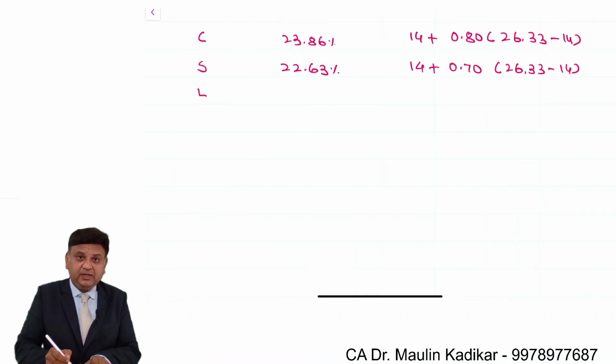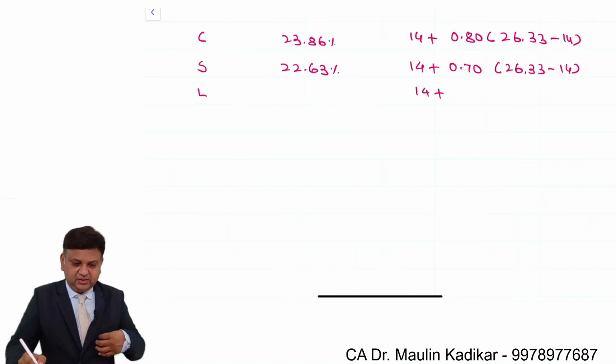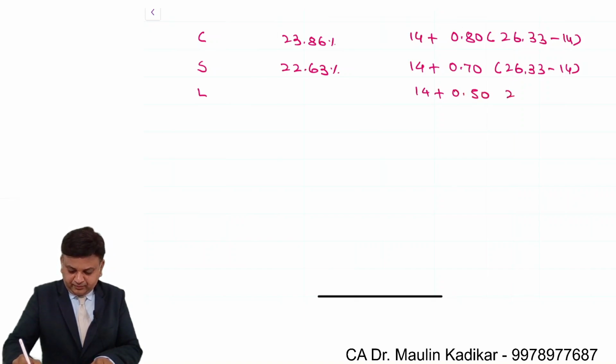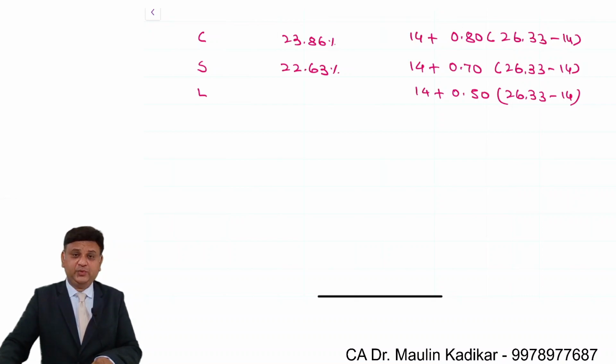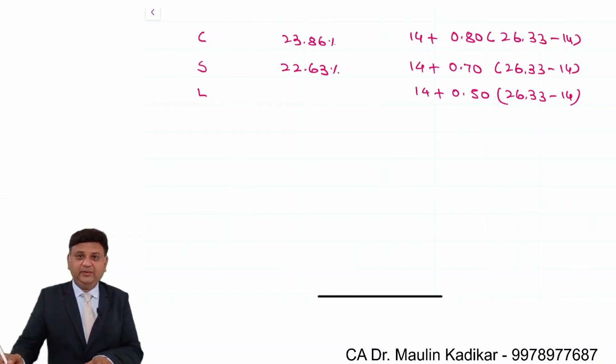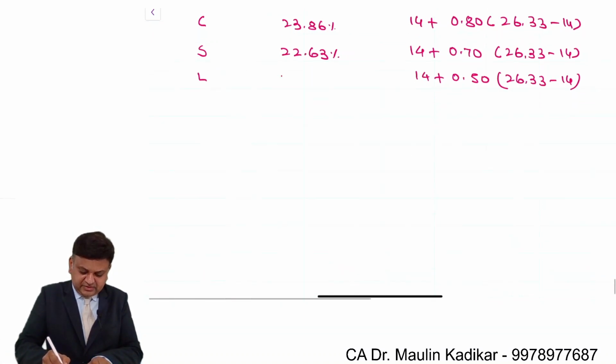Next is Liquor Limited. It is again 14 plus beta 0.50, in bracket 26.33 minus 14. So 12.33 into 0.5 is 6.165, plus 14. That comes to 20.165 or 20.17.